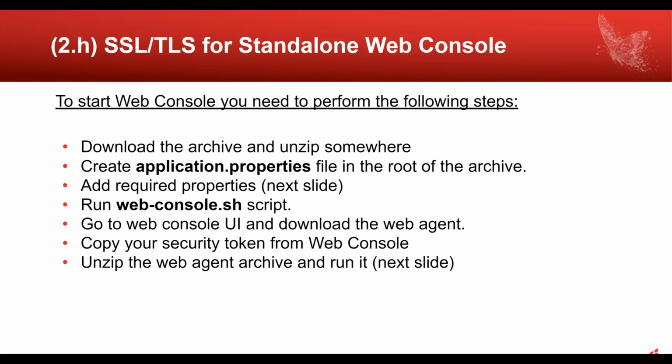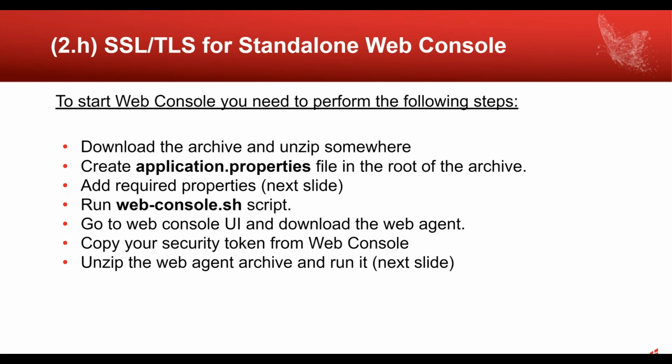Okay, Web Console is an advanced monitoring tool that you can use with Apache Ignite and with GridGain too. It can be downloaded from the GridGain site, I guess. When you download this archive, you need to unzip it somewhere. After that, you need to create a special properties file and provide the required properties there.